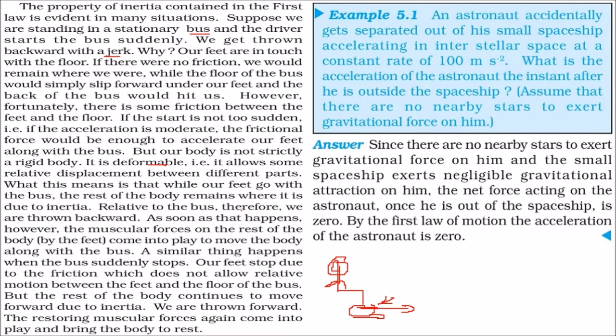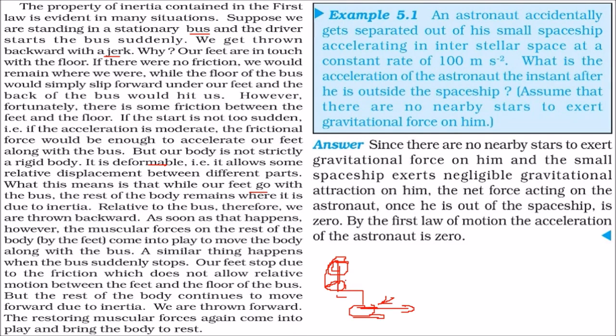So while our feet go with the bus, the rest of the body remains where it is due to inertia. Relative to the bus, therefore, we are thrown backward, and as soon as this happens, our muscular forces, body forces, start acting and move the body along with the bus.